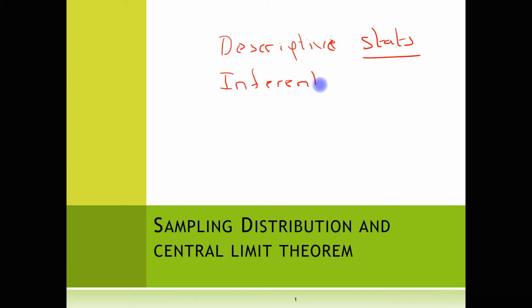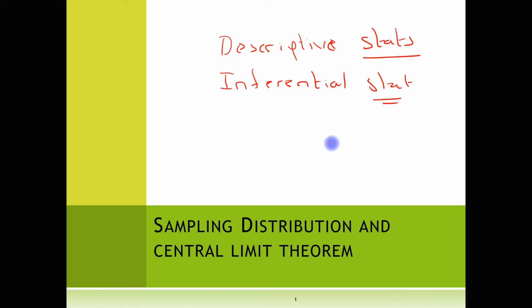What we have been doing mainly in the previous lectures has been descriptive statistics. That's what we have been doing in the previous classes. But in the forthcoming classes, what we will be focusing on is what we call inferential statistics.